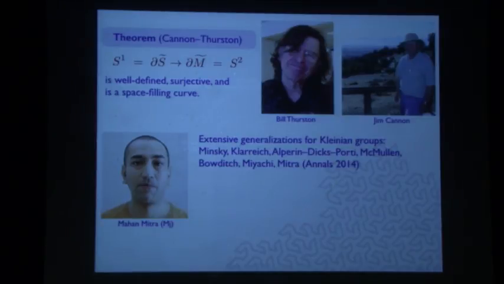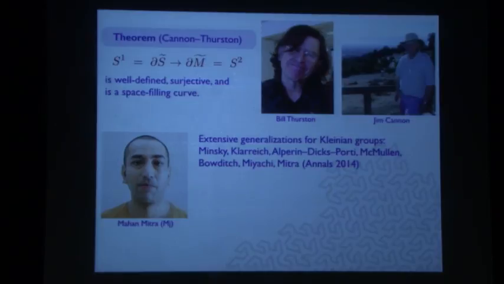So this is in the context of Kleinian groups. The ambient space is H3, right? We're talking about a discrete subgroup of the orientation preserving isometries, and the map on boundaries induced by inclusion there. So you've got the group acting on H3.